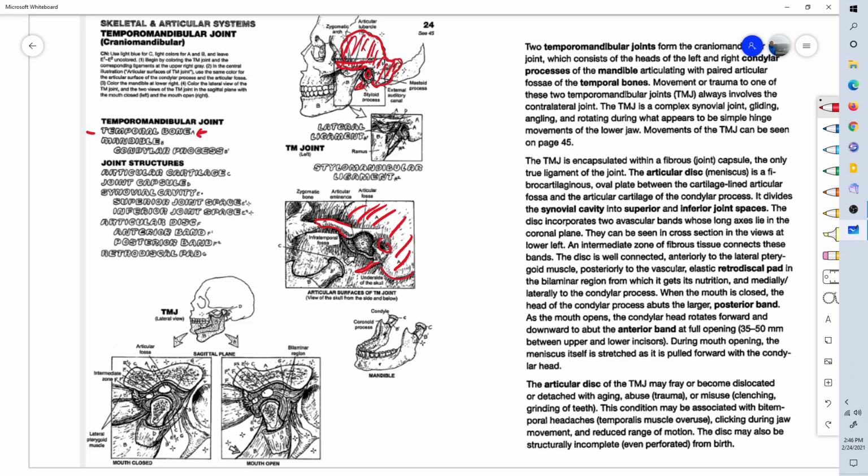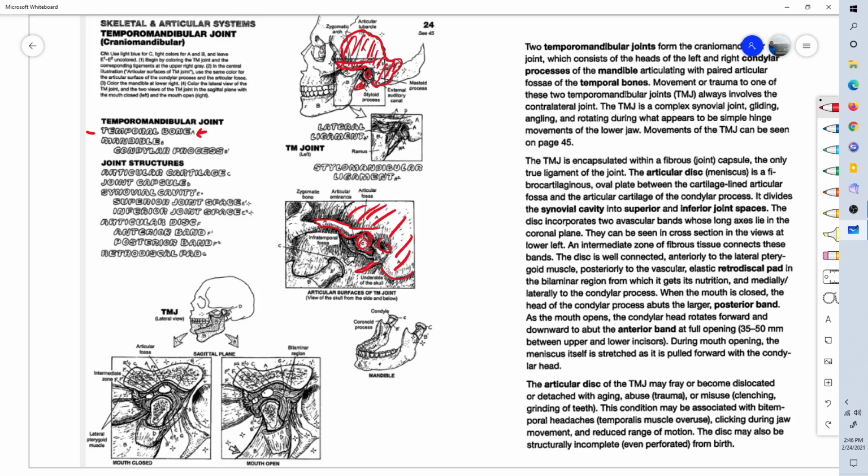This is the bone where the fossa lies, the articular fossa right here of the temporomandibular joint. It's the portion of the joint that belongs to the temporal bone.